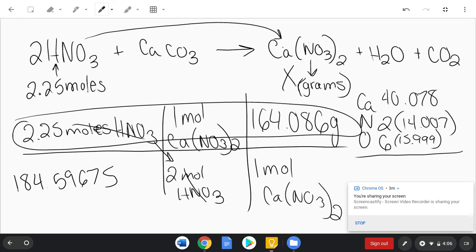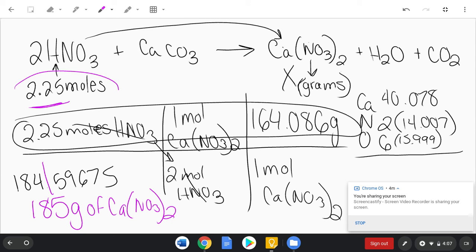And the last thing I want to do is make sure I round for the correct number of sig figs, which I start with 3 sig figs. So I need to end with 3 sig figs. So my answer is going to round to 185 grams of CaNO3. So if I start with this many moles, I can produce 185 grams.